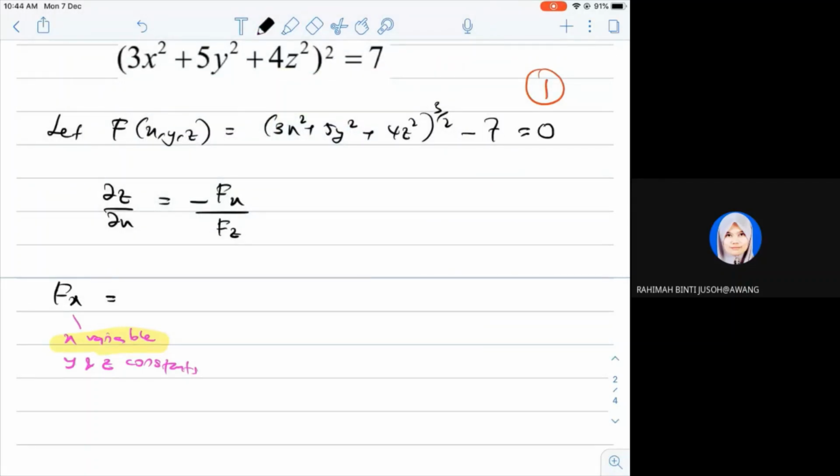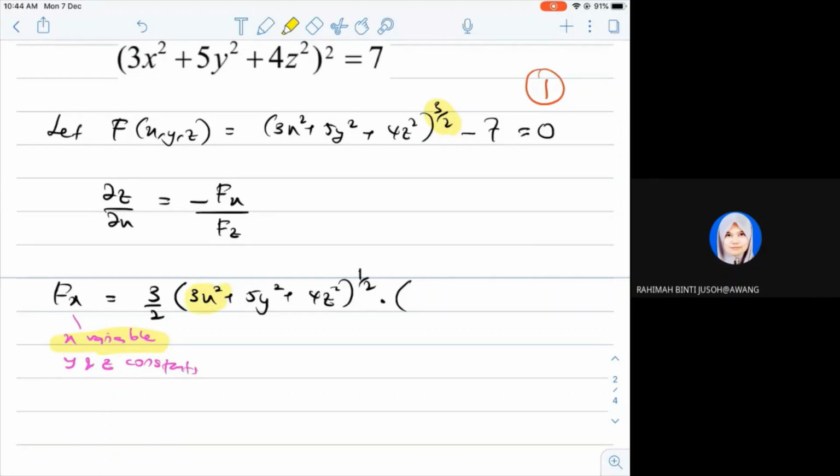Okay guys, 3 over 2, sama juga macam tadi, bawa ke depan. Alright, 3 over 2, and I copy everything, 3x squared plus 5y squared plus 4z squared to the power of 3 over 2 minus 1 becomes 1 over 2. Okay, multiply by, okay, so right now, since x only the variable, we just differentiate this with respect to x only.